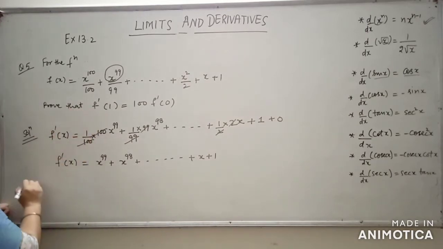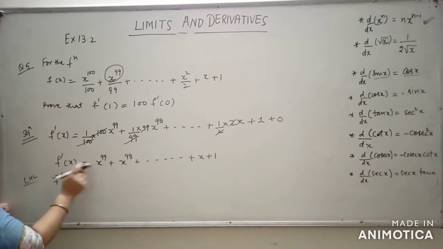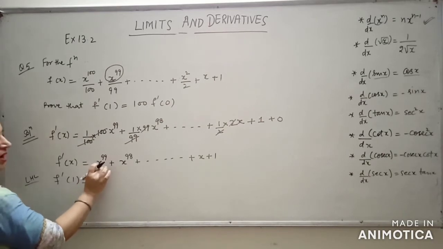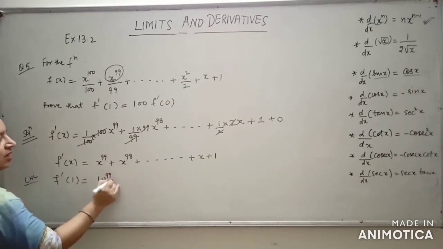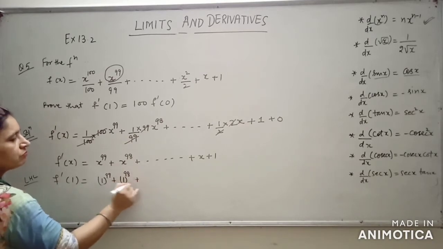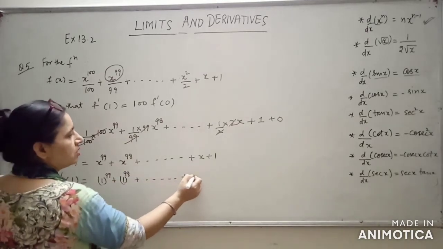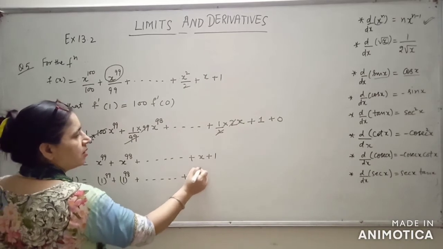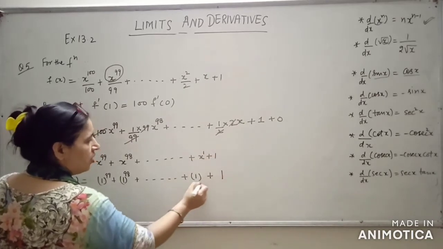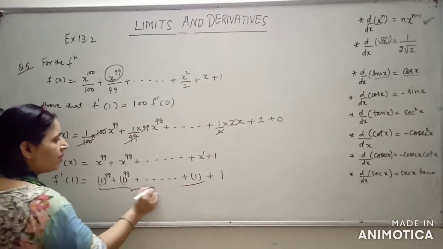Now according to the question, what are we to find? F dash 1. So the left hand side is f dash 1. It means wherever there is x in this f dash, we will put 1. So 1 raised to power 99 plus 1 raised to power 98 plus up to 1 raised to power 1, that is 1, plus this last 1. From here to here, how many ones are there?